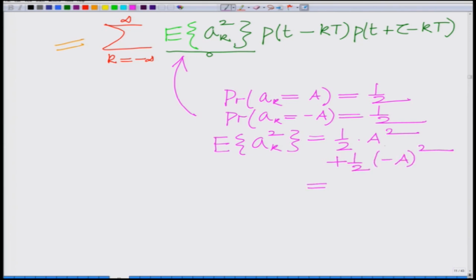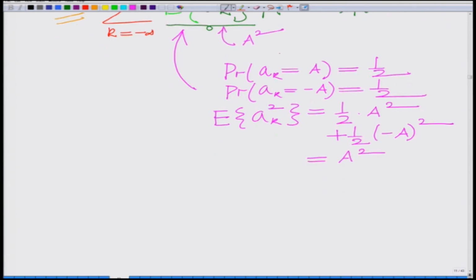Both of these are A square, so half into A square plus half into A square is simply A square. So, this quantity is simply A square, or we can also call this P_D, which is the power of the data symbols.